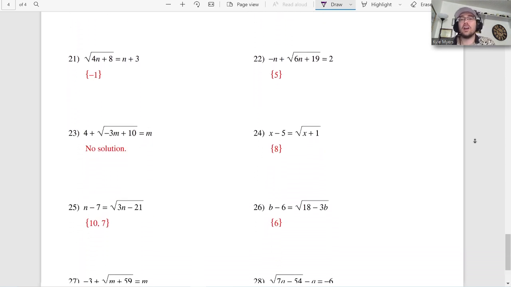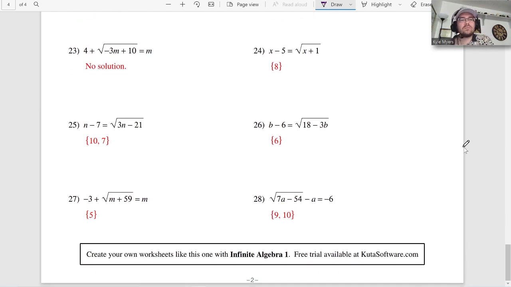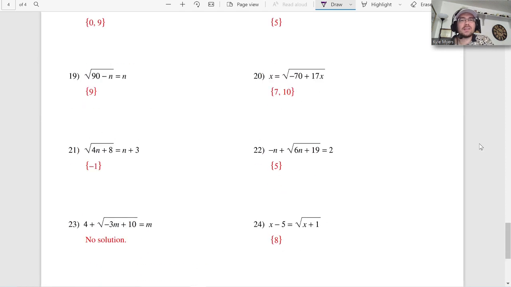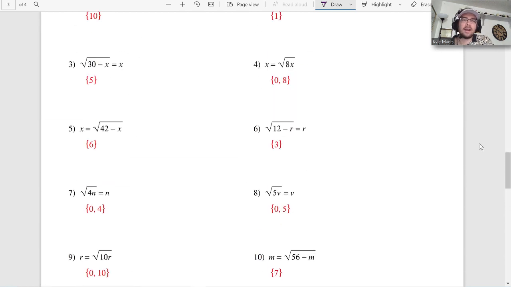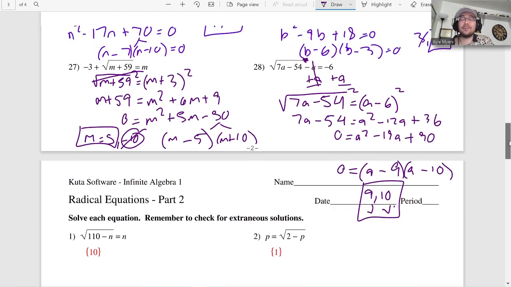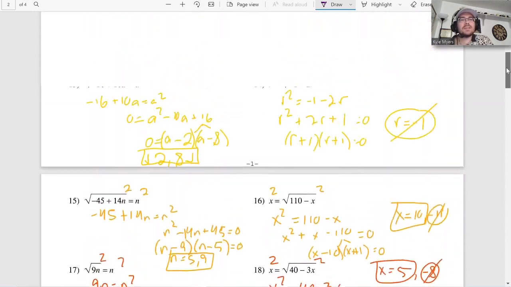Because they know that you could probably look up these worksheets and find the answers, right? So here's all the answers. And if that was too fast, you can always pause, rewind, go back, double speed, whatever you want to do to get all those answers that you might have missed. Or you can just Google it yourself and find the answers to the worksheet. But here it is. This is it.